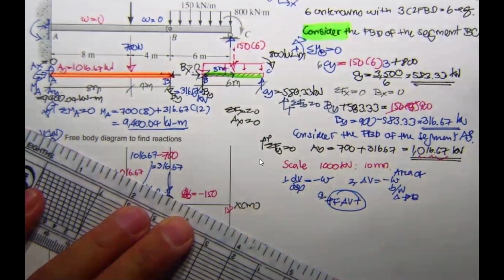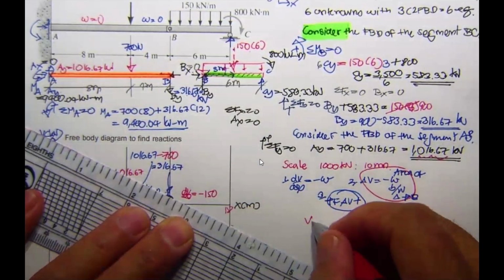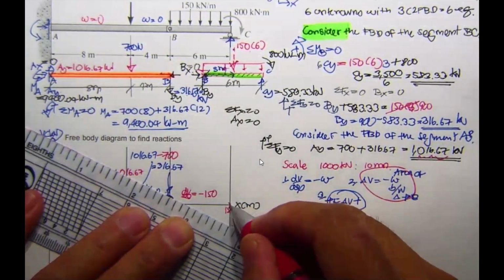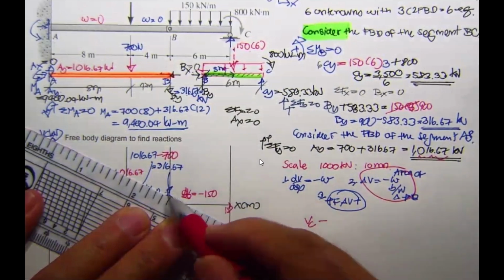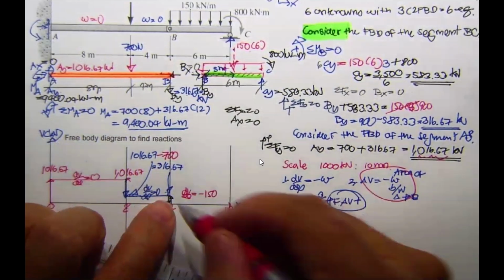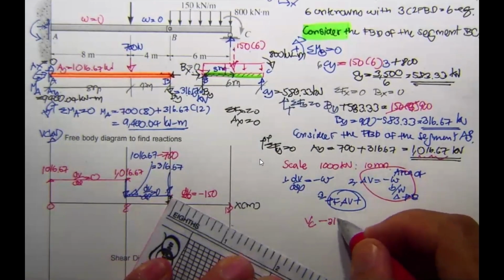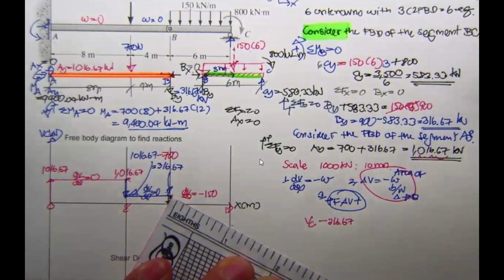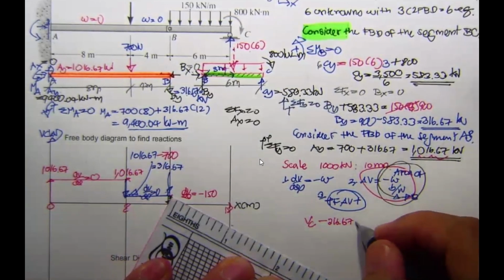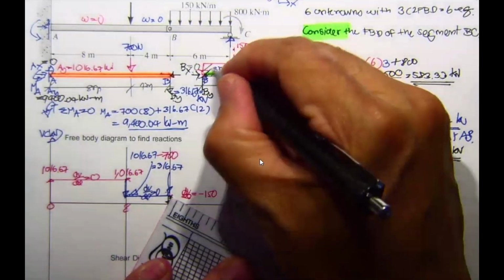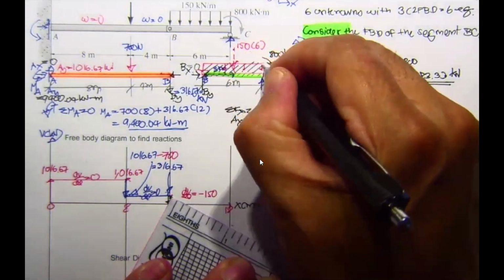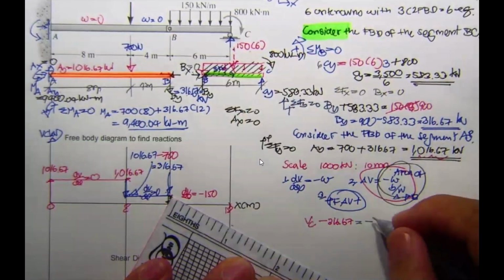What's going to be the value here? This is point C, minus this is point B. So V sub C minus 316.67 equals minus the area of this one, minus 150 times 6.